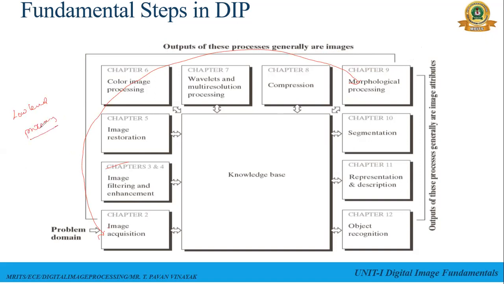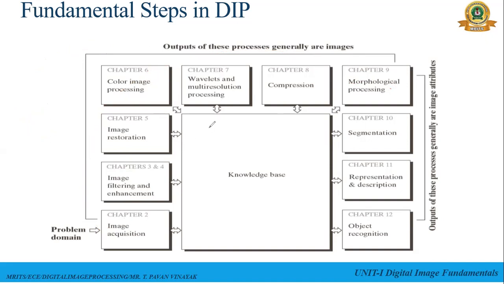As I said already, low level processing means the input is an image and the output is also an image. The entire image is available in the output also. So from here to here, the outputs are also images, meaning all these processing techniques are low level processing techniques. And morphological processing. What is morphological processing?